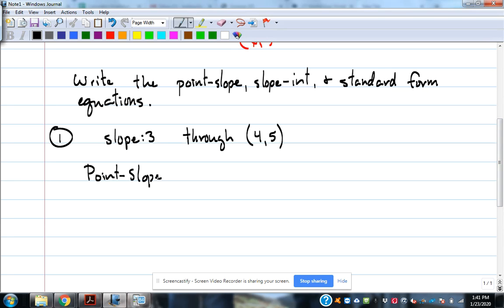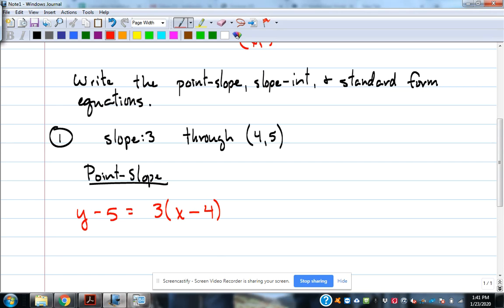So point slope, we're going to take the y minus the y value from the ordered pair. What's the y value from the ordered pair? 5. And then equals the slope. What's the slope? 3. They give us that. They're nice to us. And then in the parentheses there, we're going to have x minus the x value from the ordered pair, which is 4.